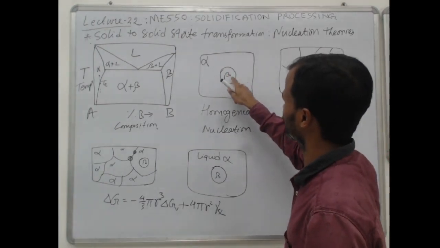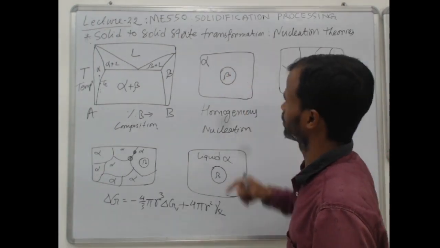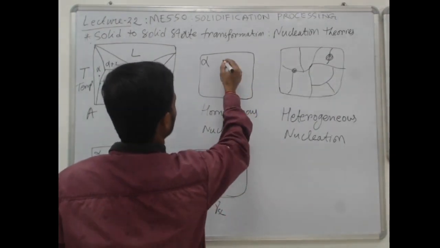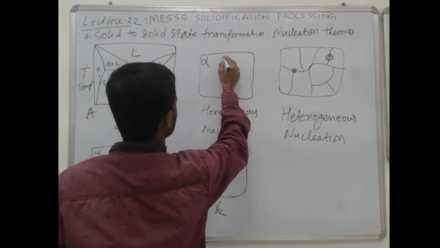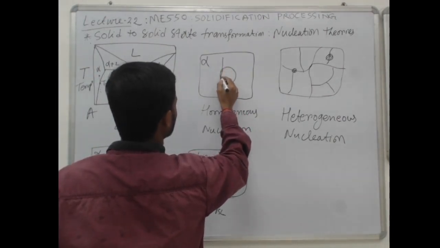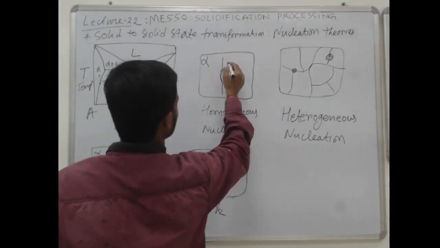a solid phase is nucleated, the solid phase beta can have a crystal structure which is a little bit bigger than the parent crystal structure.